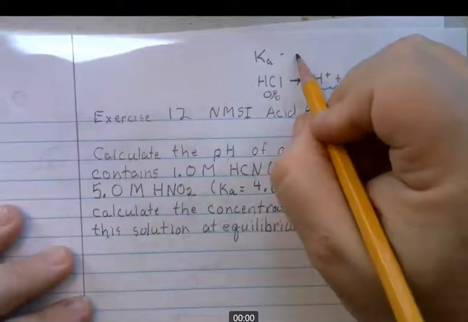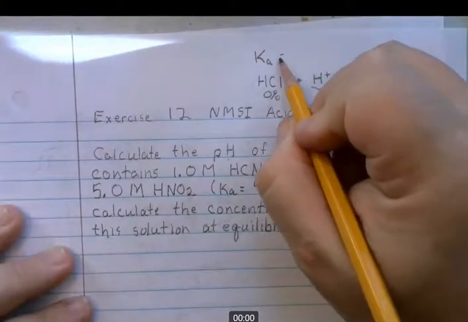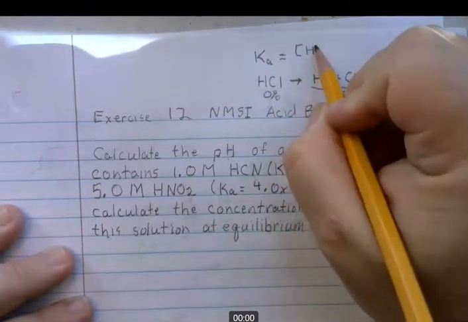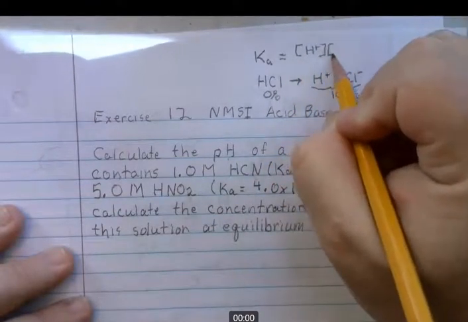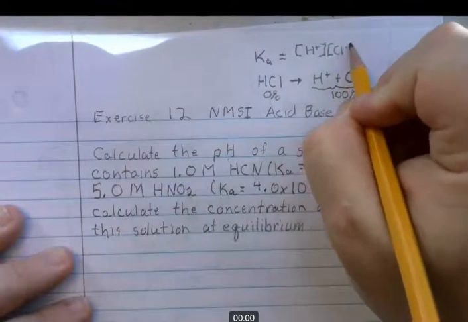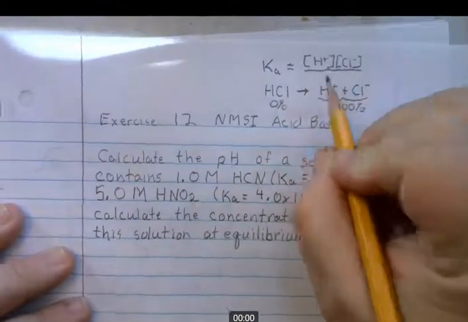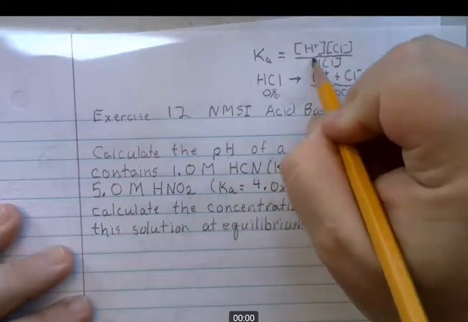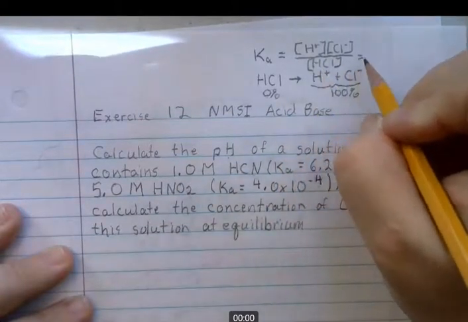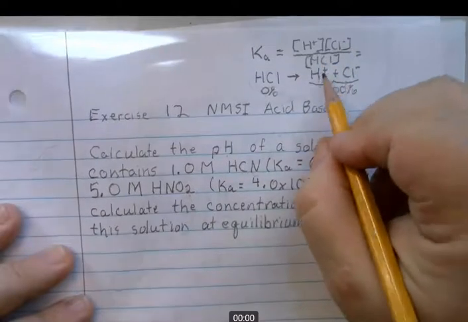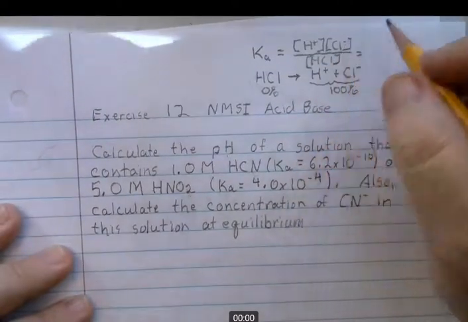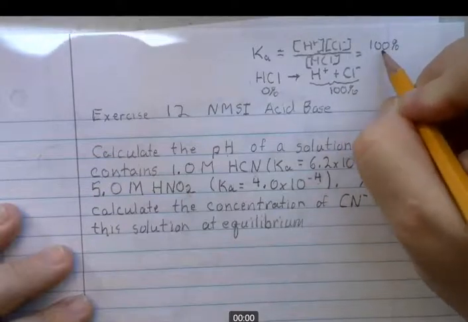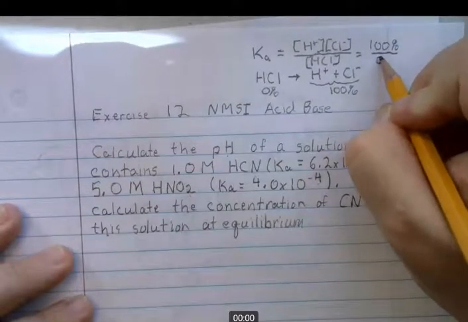So when you write the equilibrium constant, you get H plus, Cl minus, over the reactant, which was HCl. What you're effectively saying is, since we said 100% of it is H plus and Cl minus, it's 100% over 0%.